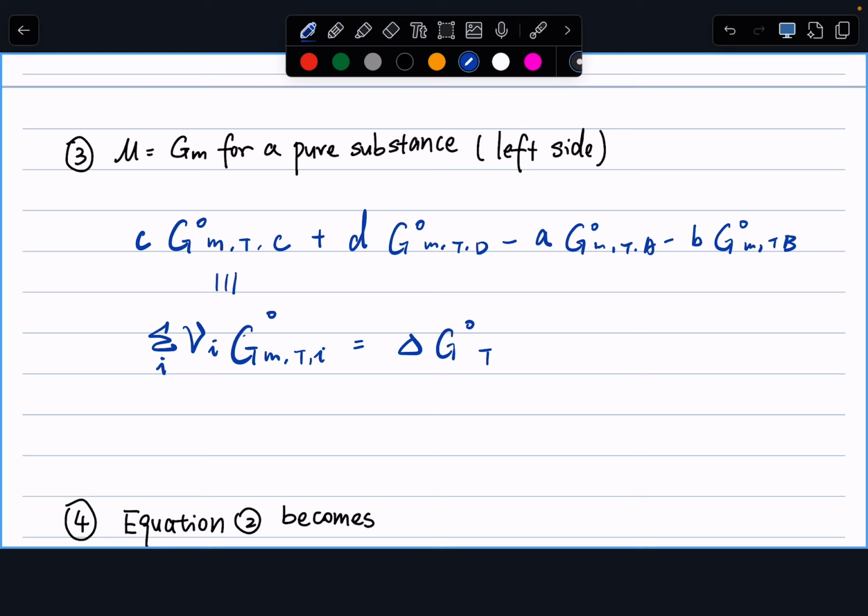All right, and what is this? This is our standard Gibbs free energy change of the reaction, something you can calculate by reading the thermodynamic table.